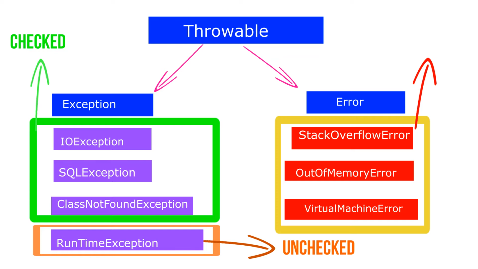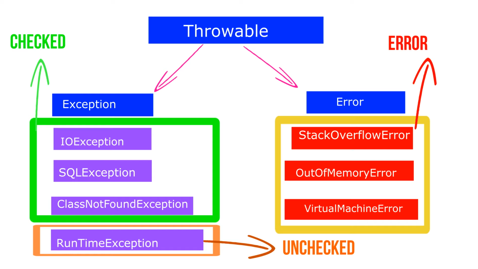Unchecked exceptions are the exceptions which come under RuntimeException, like NullPointerException, ArrayIndexOutOfBoundsException, and the rest of the exceptions which extend the Exception class are called checked exceptions.